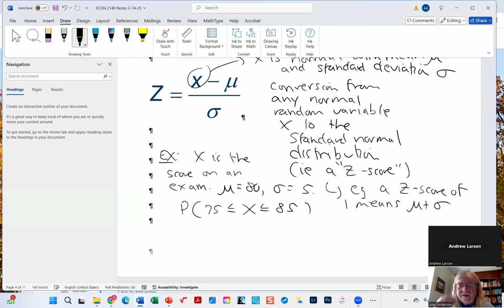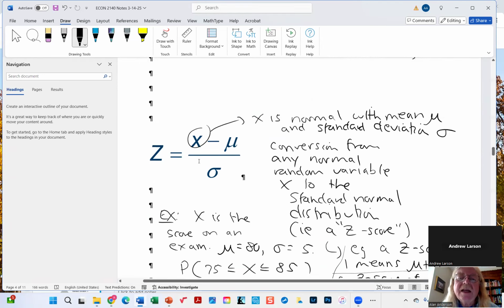That's how you interpret these z-scores. They're telling us how far away we are from the mean. A z-score of, let's say, -2 means the mean minus 2 standard deviations. I just want to remind you that that's how it works.